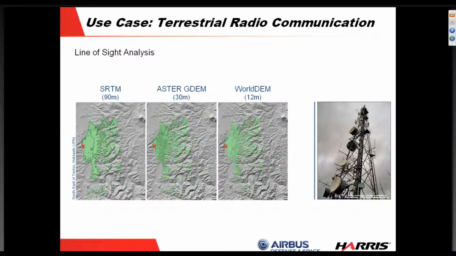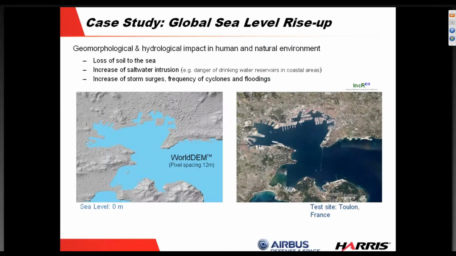As my last example, I want to show the result of a project investigating sea level rise with respect to the geomorphological and hydrological impact on the human and natural environment. In the project, sea level rise was modeled using WorldDEM in comparison to Amsterdam in the area of Toulon in France.